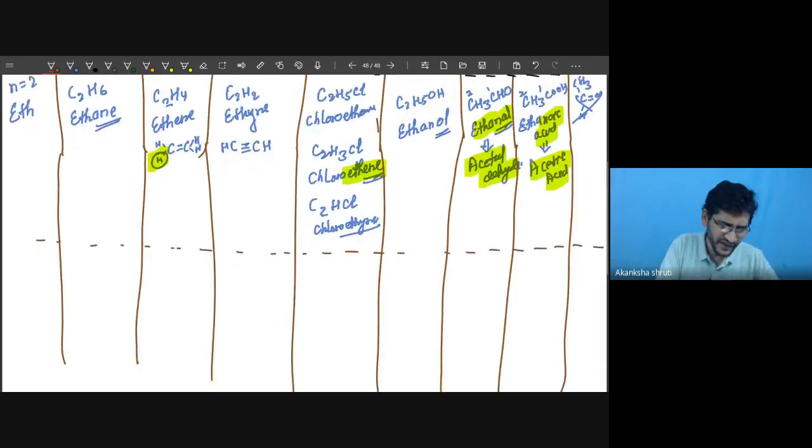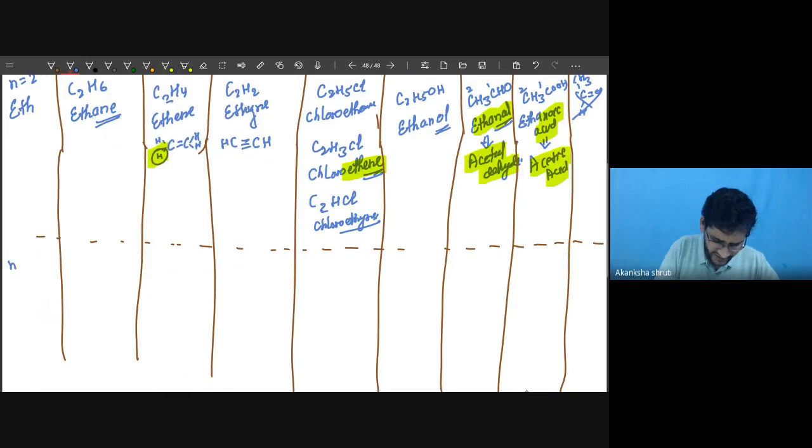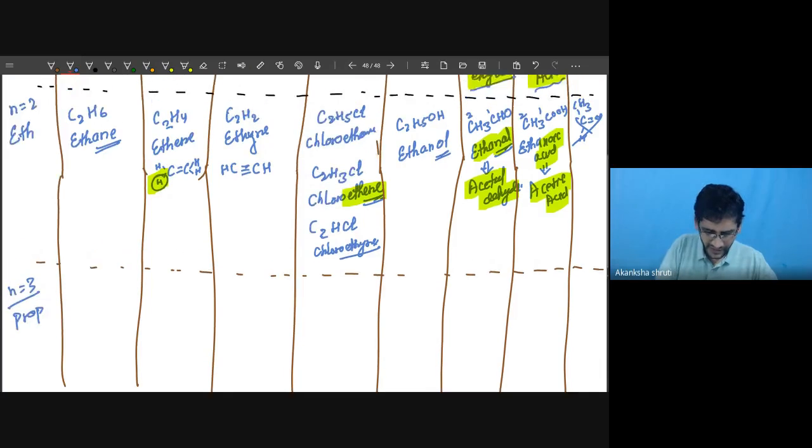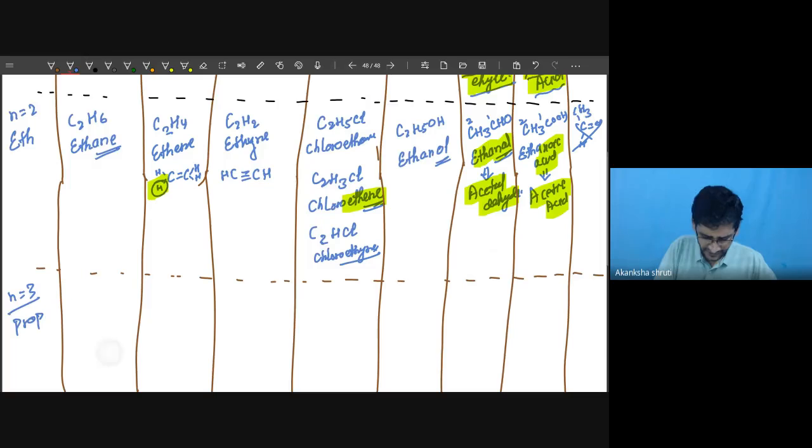Let us take n equals 3. Then this count is called prop. So the simplest structure is C3H, 3 times 2 plus 2 is 8, C3H8. It is called propane.